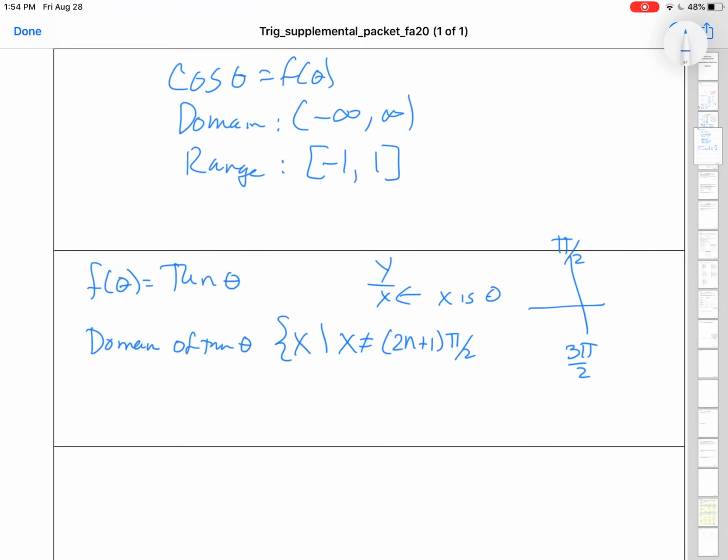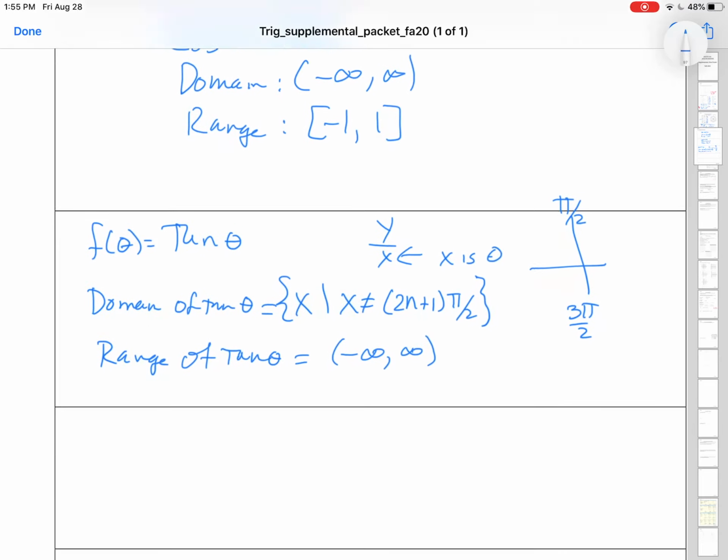I need to make sure that there are an odd number of pi's, and n can be any integer in there. So you're not allowed to plug in pi over 2 into the tangent function because it's going to be undefined. The range, though, you'll learn in this class that by these points where you're undefined, you really shoot up to infinity. So the range is actually all reals. -infinity to infinity can be reached through the tangent.